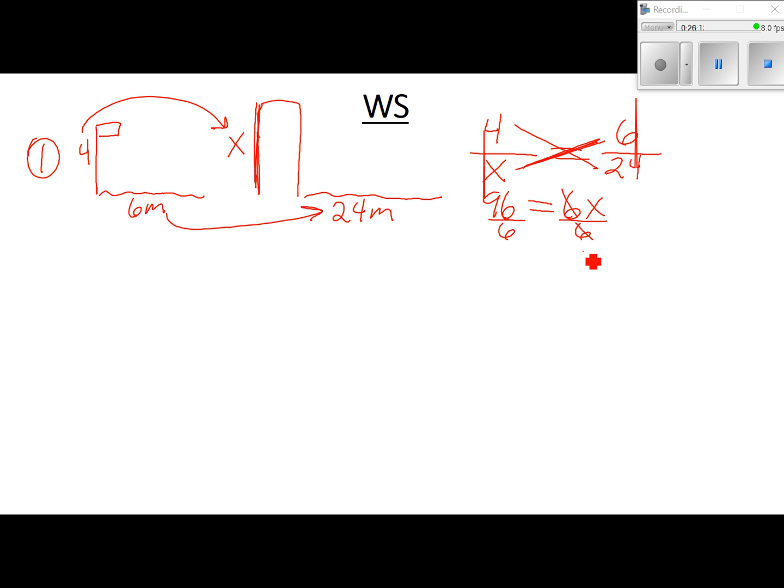These cancel out. You end up with x. 96 divided by 6 equals 16. So our answer to our problem, we look back over here, make sure it makes sense. The building is 16 meters tall.